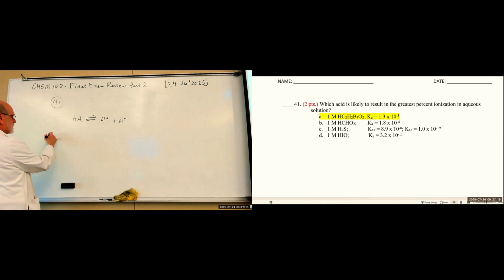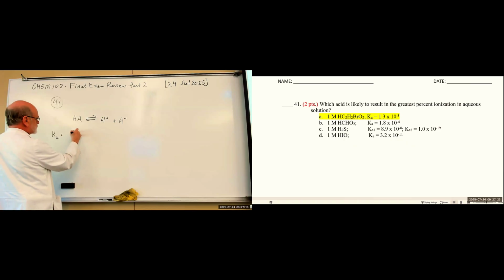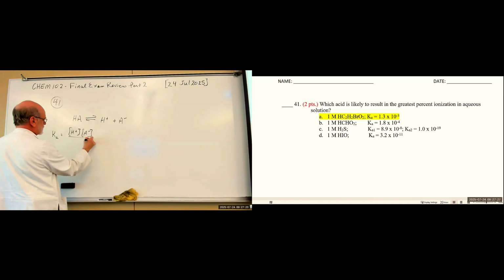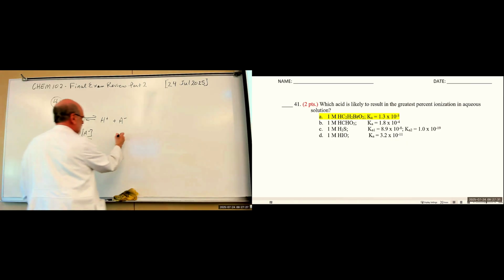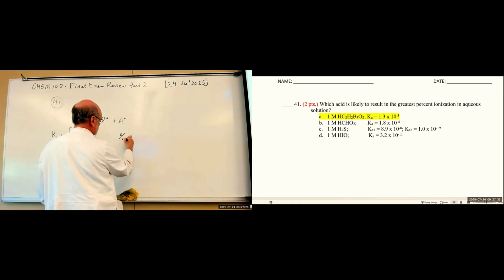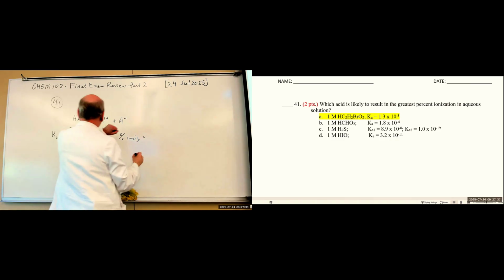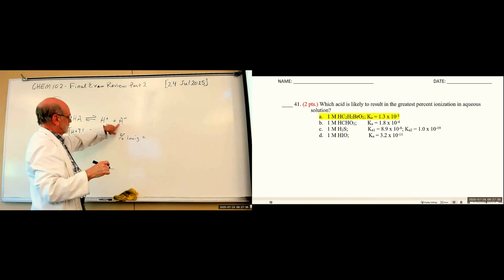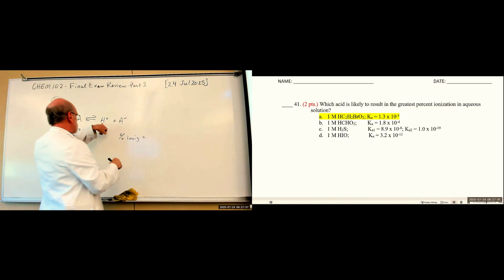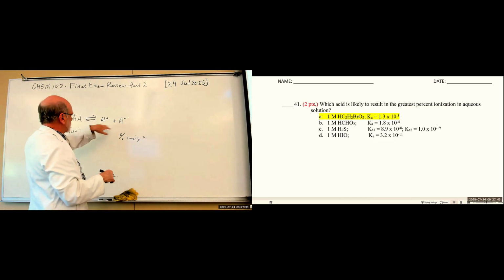So our expression here, Ka equals H over A minus is HA. And percent ionization then is going to be, let's use, since they're 1 to 1, it doesn't matter.